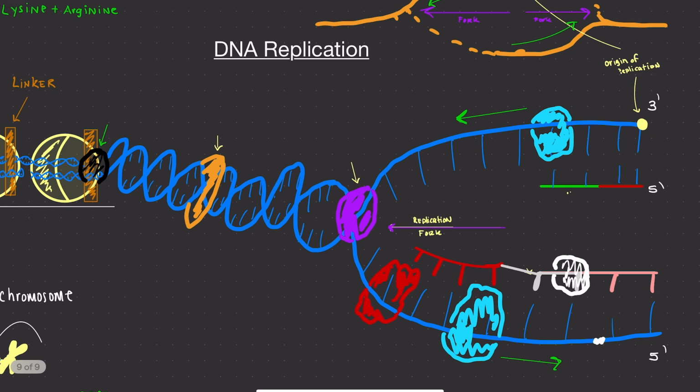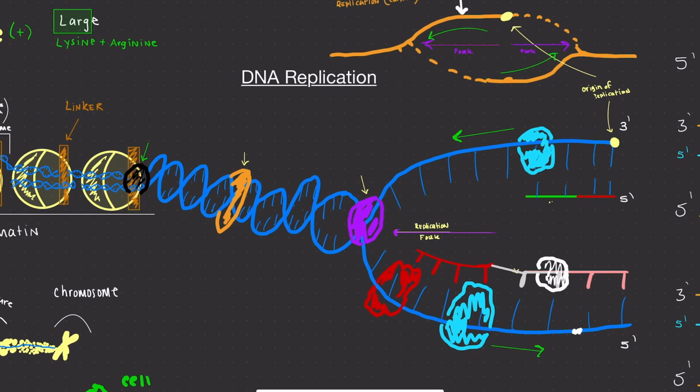so we have our DNA strand opened up so that we may add a leading strand and a lagging strand, so that we have two new DNA helices. And this all begins at the origin of replication, which is always the 3' end of the DNA. And this could be in the middle of the DNA.